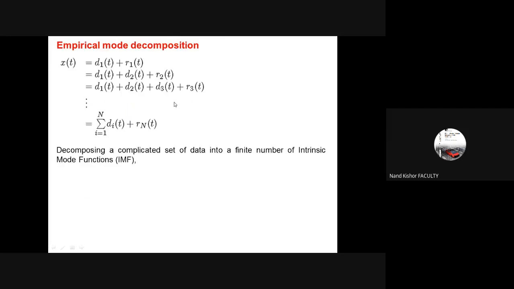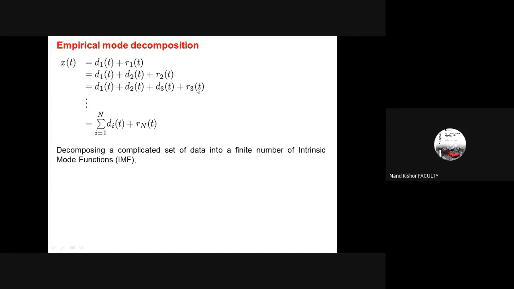So in this case, you can see here the original signal decomposed into IMF and residue. Then further, this residue is decomposed into IMF and residue. And then again, this residue is further decomposed into IMF and residue.